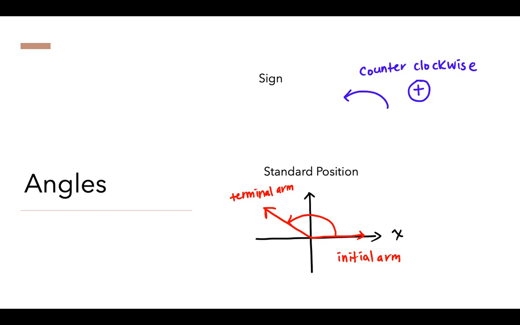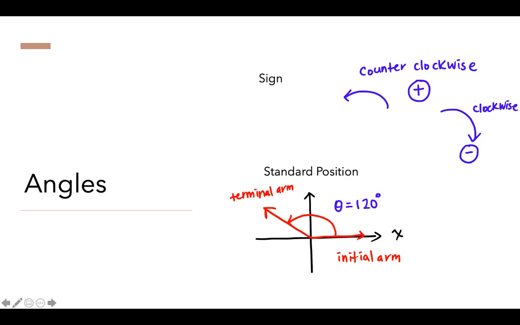In this diagram, it looks like it's definitely greater than 90, so we could say the angle is positive 120 degrees. On the other hand, if we are going in a clockwise setting, this way, following how a clock moves, that means it's going to be a negative angle.